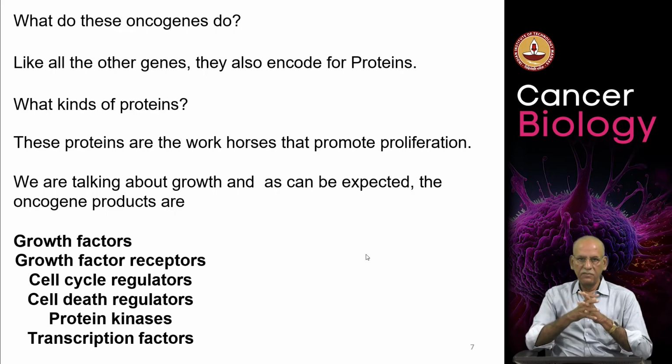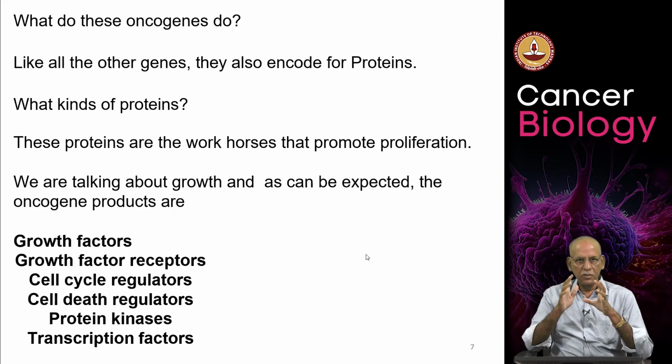Later on, as we will look at it, and even earlier I have told you, some of the receptor tyrosine kinases are actually growth factor receptors. So, kinases are very much involved in growth. So, protein kinases and above all transcription factors.